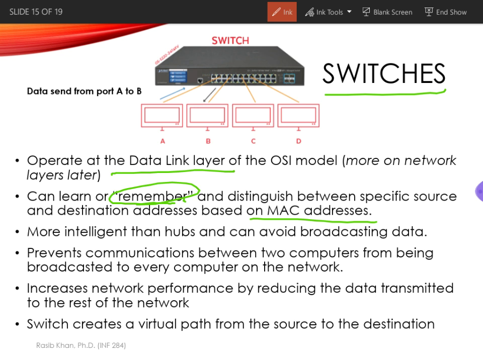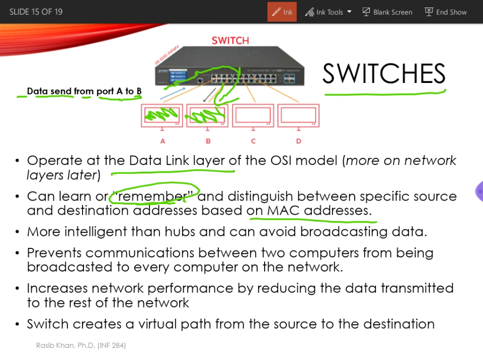And the reason why we say that remembering makes it intelligent is because, let's say, if we are trying to send data from a PC that is connected to A to a PC that is connected to B, the switch is able to remember the MAC address, and then it basically uses the ports to direct the traffic coming in from PC A and send it out to PC B.